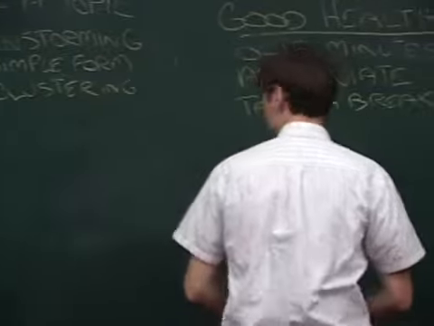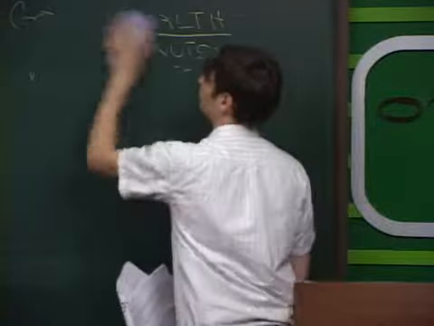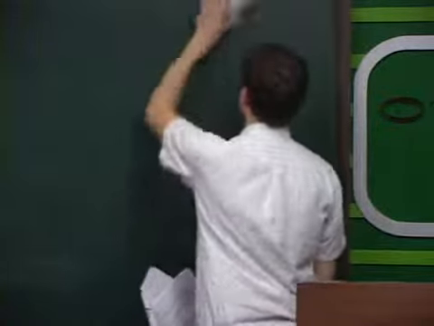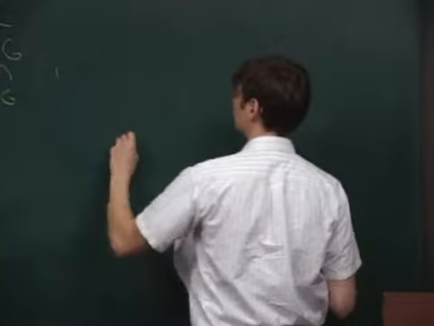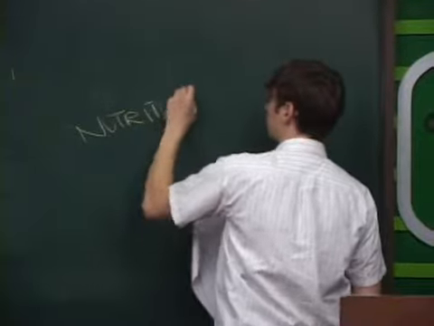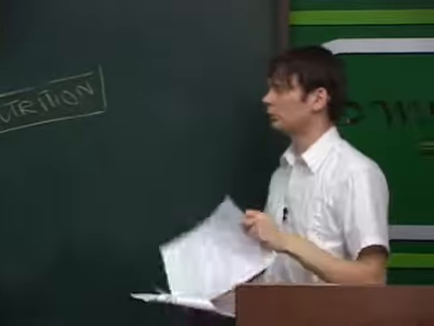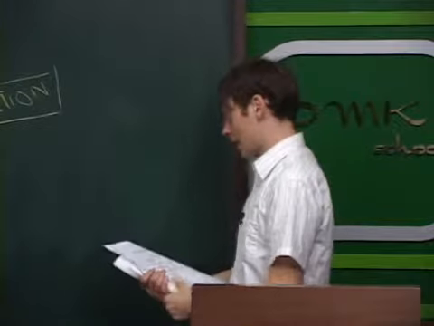Okay, clustering works like this. I look at that simple list and I take the word nutrition, right? Now, what things can I connect to nutrition? I don't know. Let's say, I can start writing arrows.